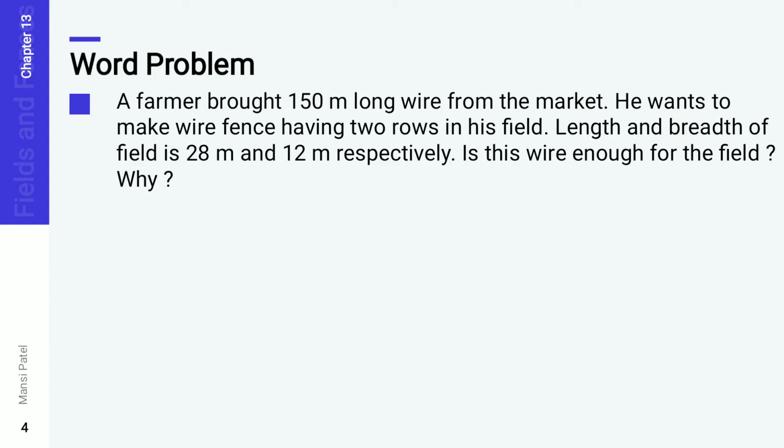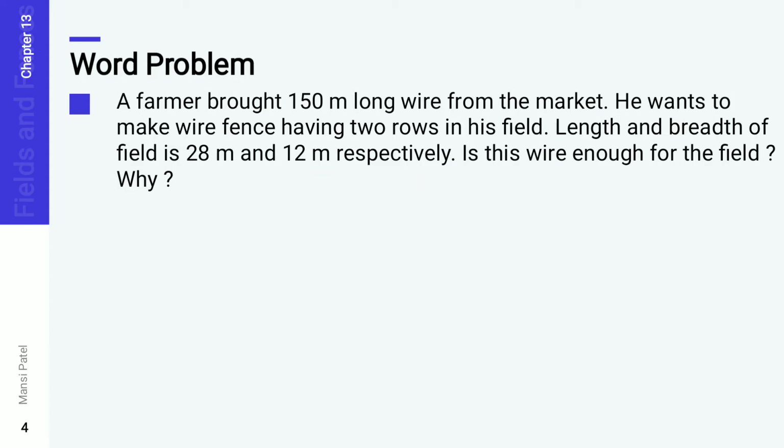He wants to make wire fences having 2 rows in his field. Now with the help of that wire he wants to make 2 rows in his field. Length and breadth of the field is 28 meter and 12 meter respectively.